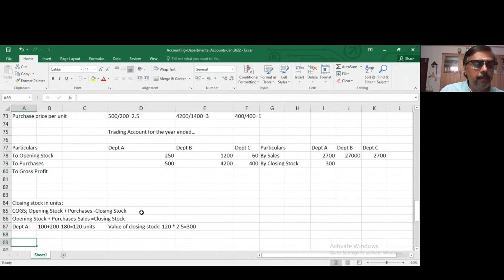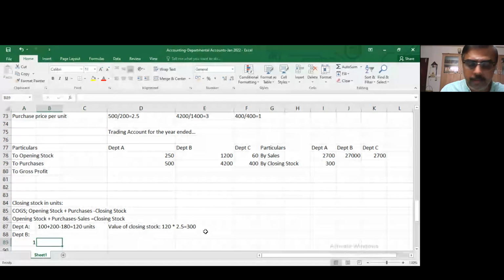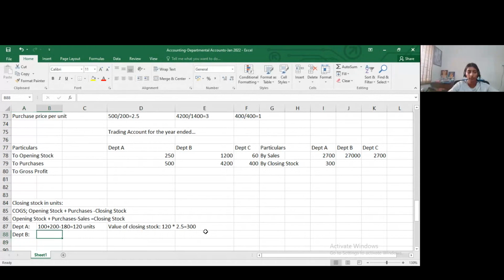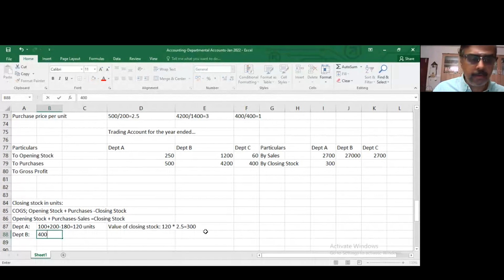Coming to department B, you have to find out the opening stock figure. What is the opening stock figure for department B? 400. Opening stock for department B is 400 plus purchases for department B, 1,400. Very good. Minus sales for department B, 1,500.